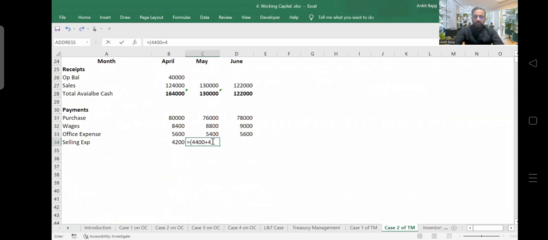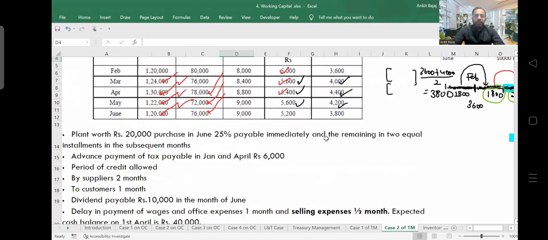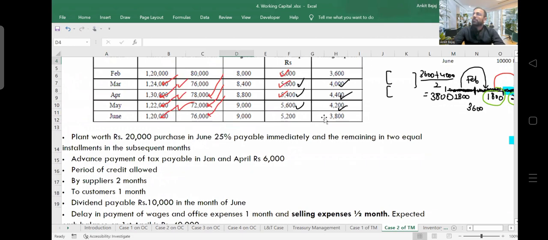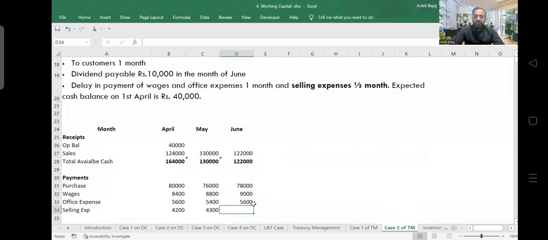For the month of June, we take 4,200 and 3,800, so 4,200 plus 3,800 divided by 2. It is going to be 4,000.